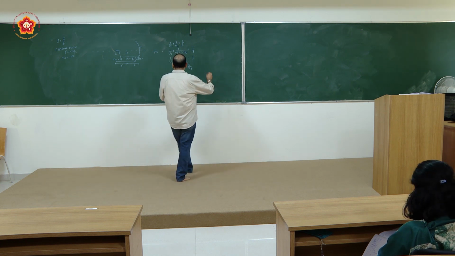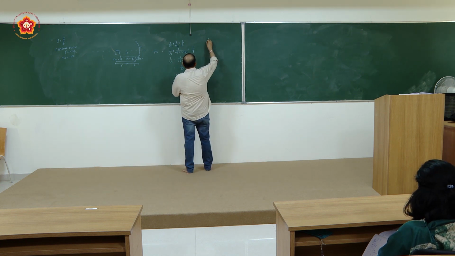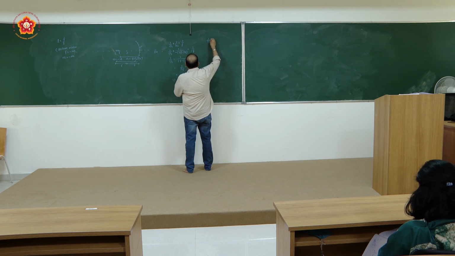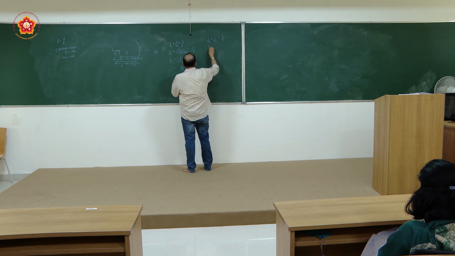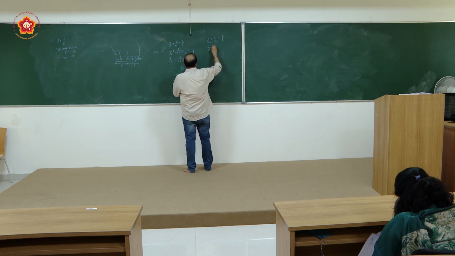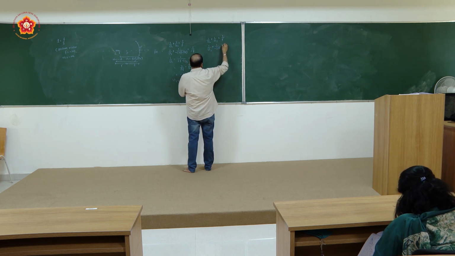So in second part, you will be having here 1 upon v2 plus 1 upon u2 is equal to 1 upon f. So 1 upon v2 plus 1 upon u2, taken as minus of twice f, is equal to minus of 1 upon f.